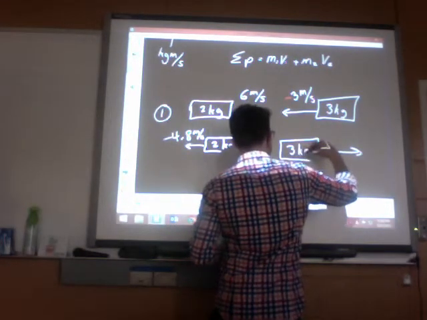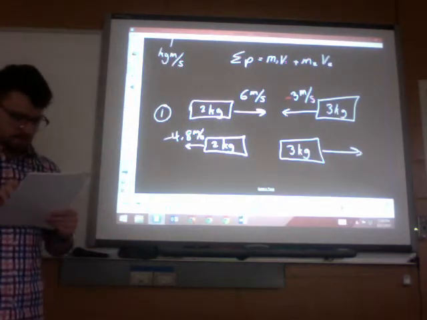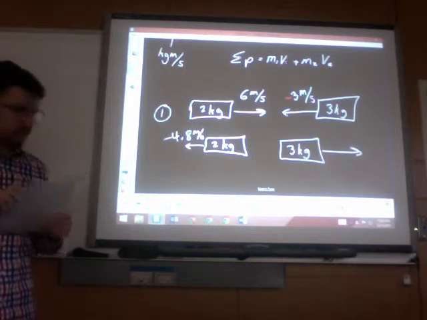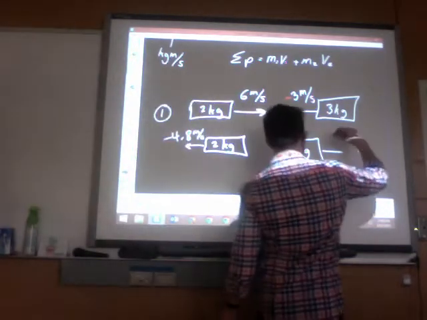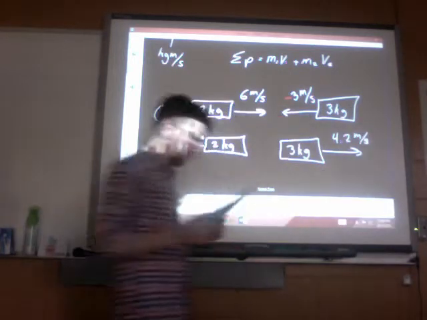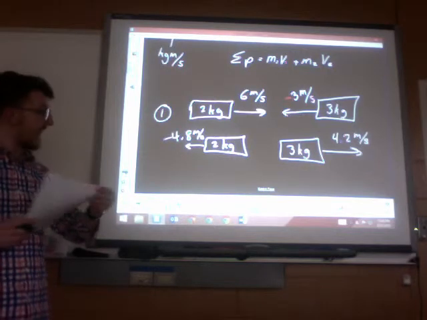And I actually didn't read on, but I know that one's 3 kilograms. The 3 kilogram cart moves right with a velocity of 4.2. Put that in there. Calculate total momentum before and after.